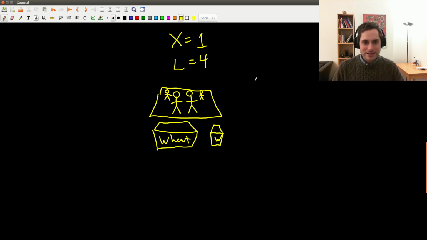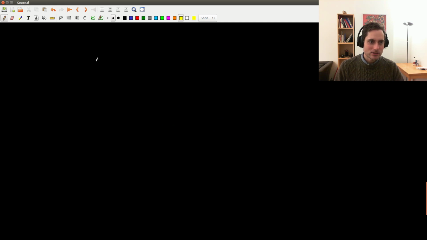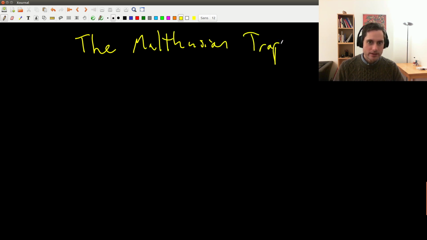so that idea is sort of an old idea. It comes from an economist, I don't know if he would have thought of himself as an economist, but a thinker at least, named Thomas Malthus. And this idea is called the Malthusian trap, that population growth makes everyone poorer.